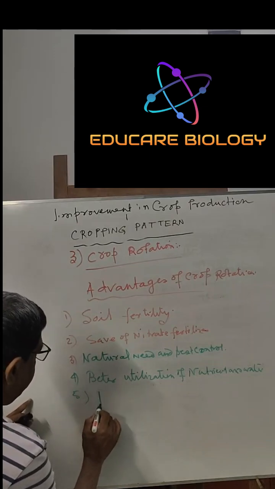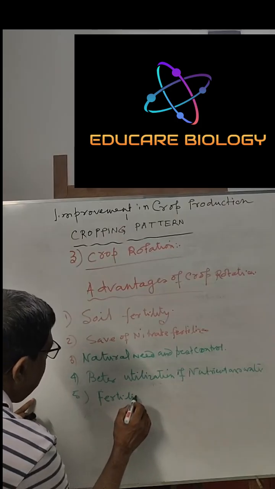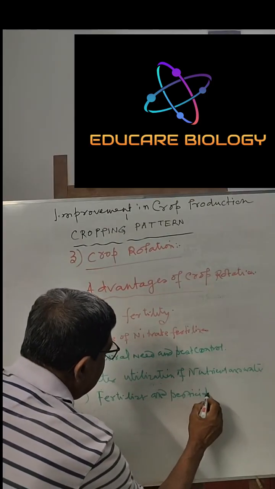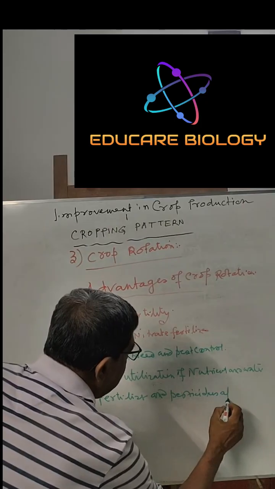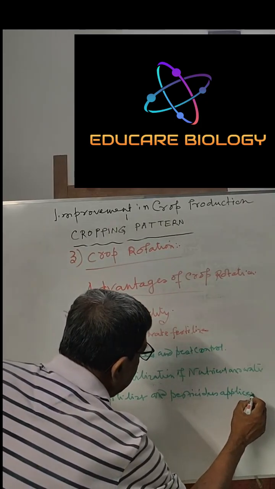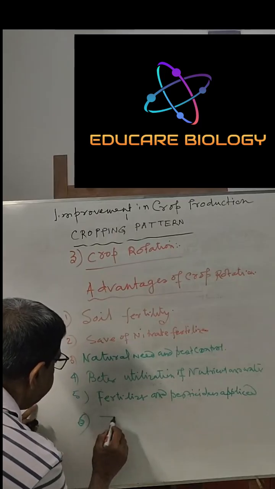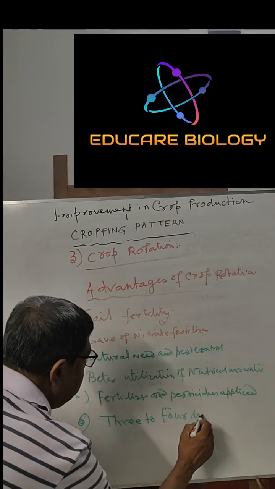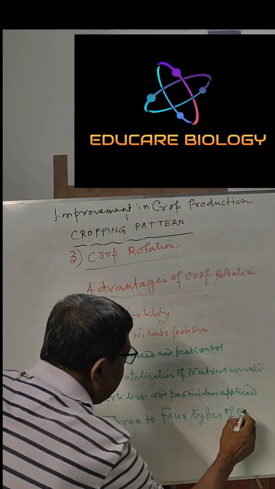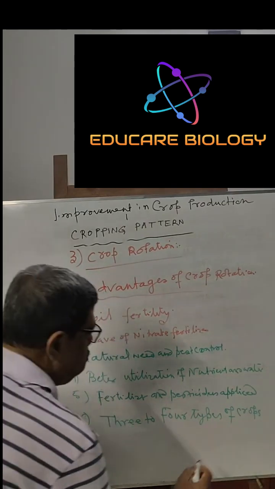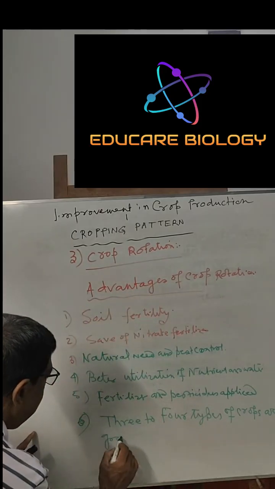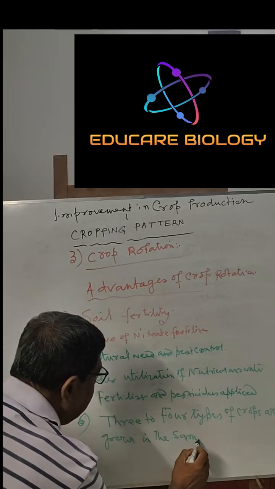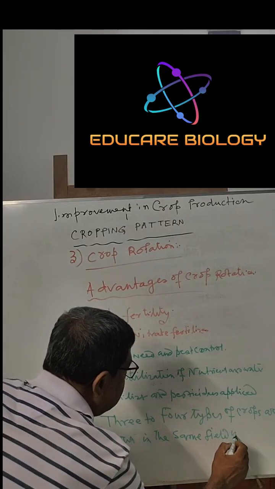Fertilizers and pesticides applied separately. 6. 3 to 4 types of crops are grown in the same field in the same year.